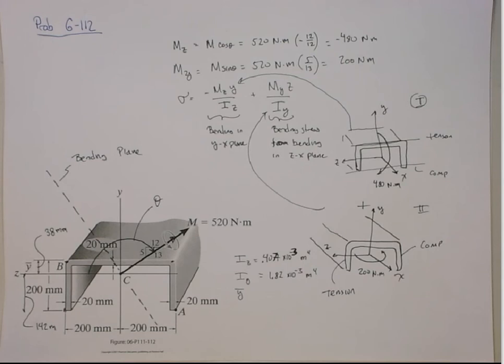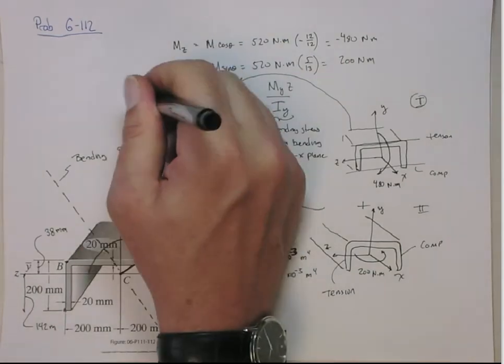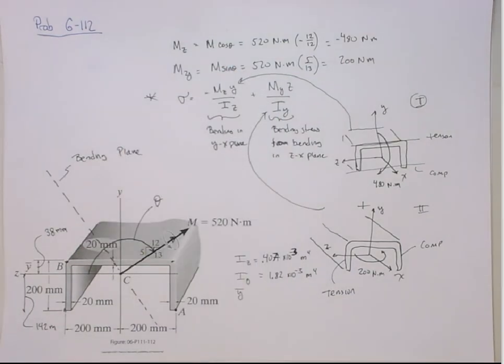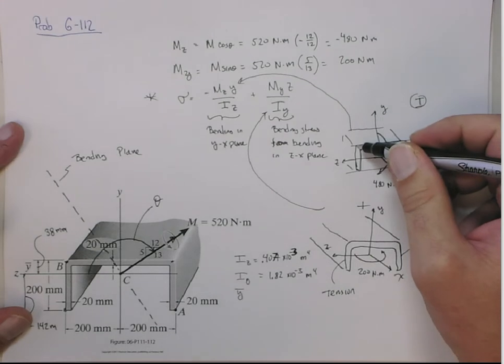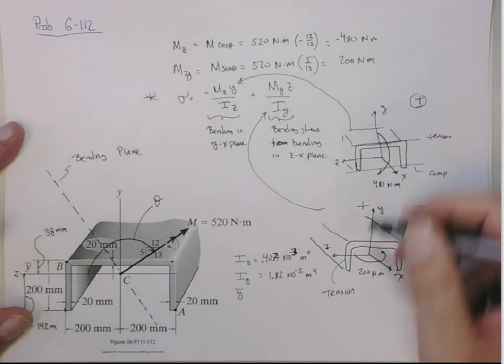So even if you don't memorize this equation, which is fine, that's not necessarily an equation that we all memorize, you can at least figure it out very easily by just decomposing the bending moment into two components, two problems around the principal axes, okay? Or the axis of symmetry, right? So here, again, if we look at this, here's going to be tension, and then this edge is going to be tension.